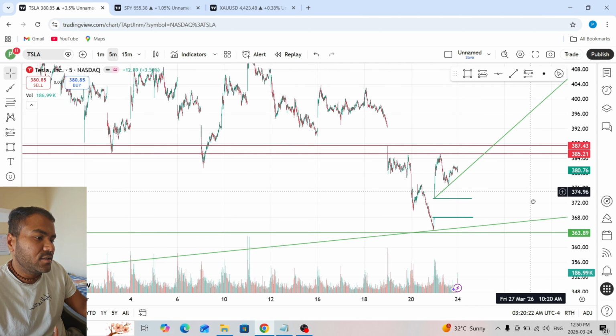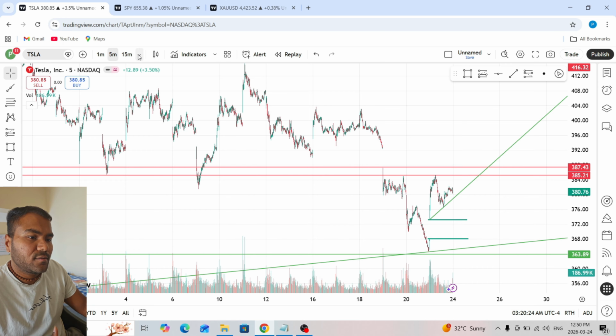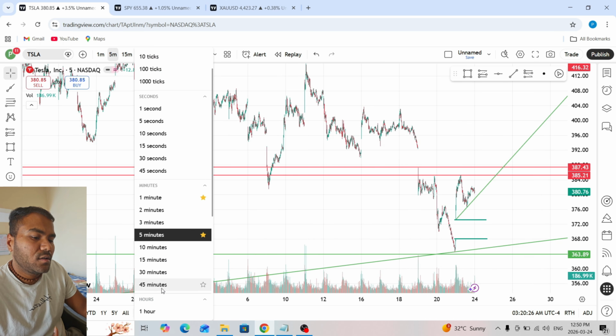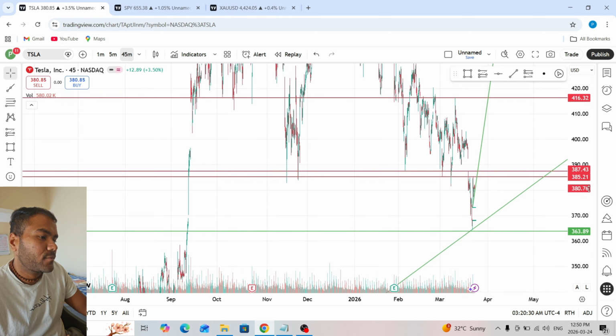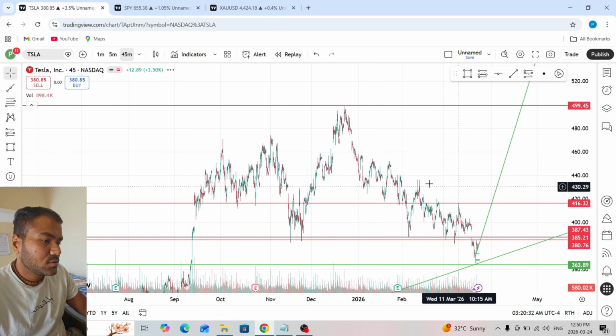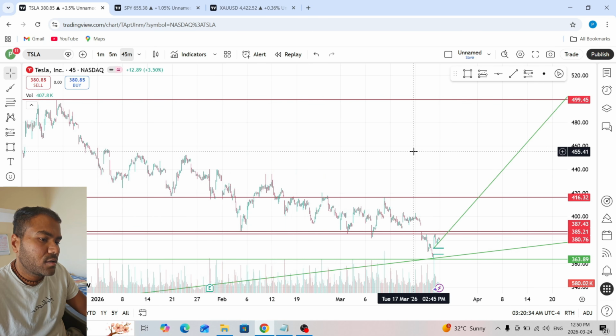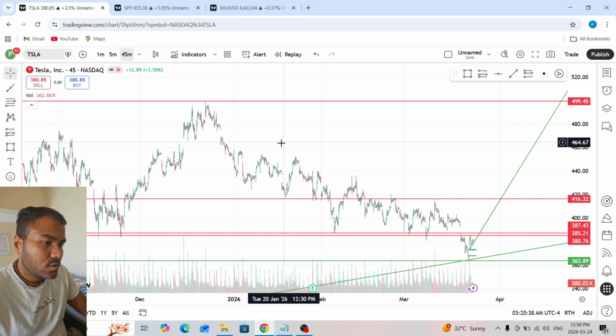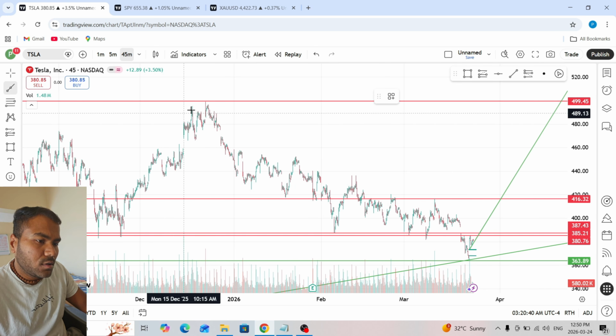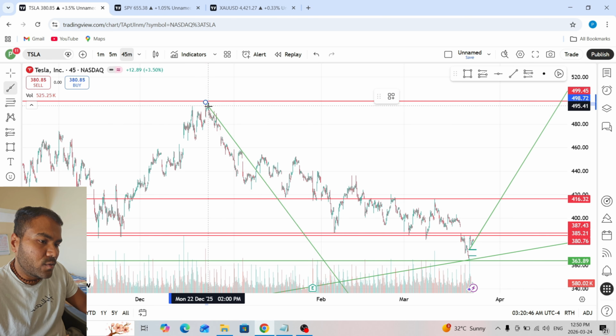Now let's see the resistance trend line. For that, let's look at the 45-minute time frame. Perfect. So for the resistance trend line we have to take the higher high point as point 1.